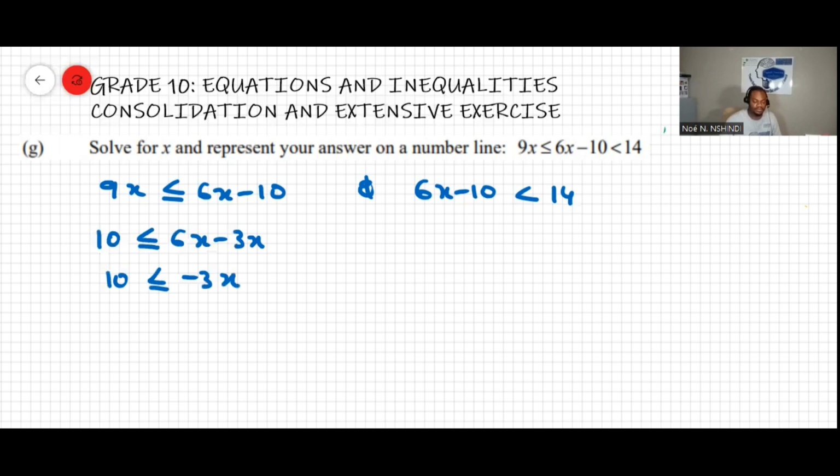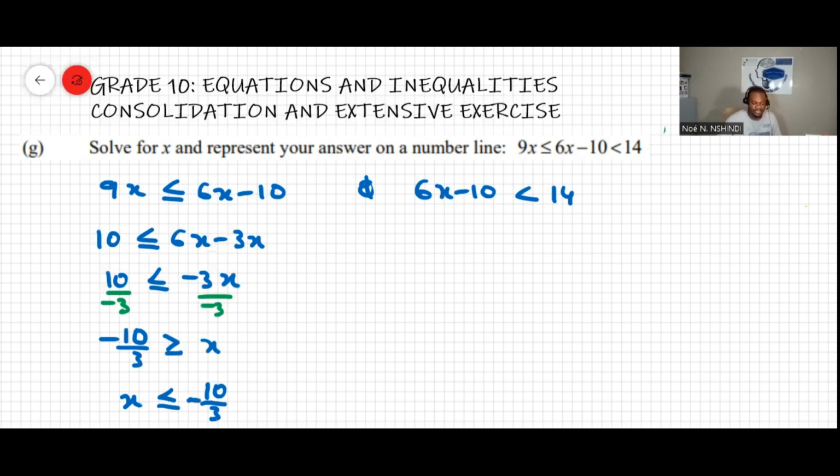If I divide both sides by negative 3, this becomes negative 10 over 3 is greater than or equal to x, or x is less than or equal to negative 10 over 3.